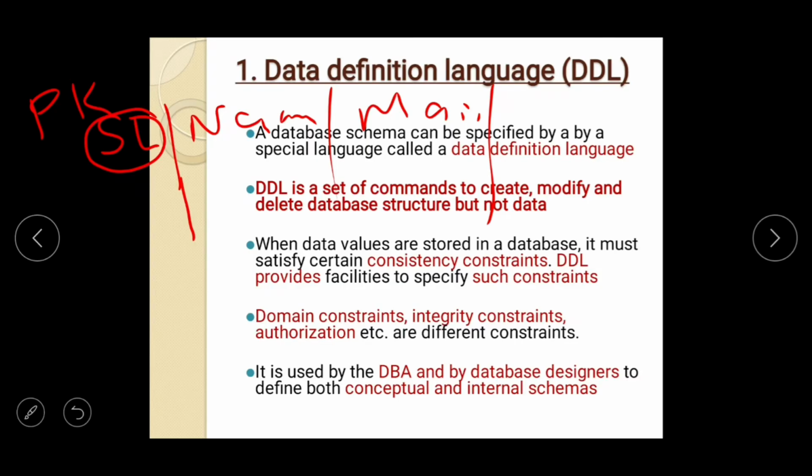So we can set the serial number as a primary key. That is another constraint. Such constraints can be provided using the data definition language. This is done while we create a table, a relation. While doing the creation process itself, we give certain constraints. Clear?